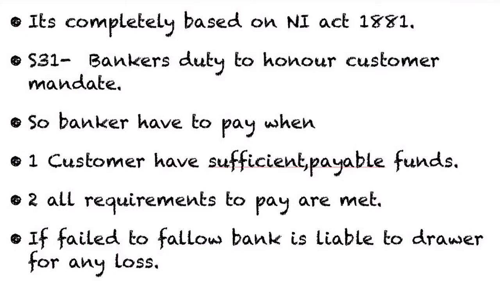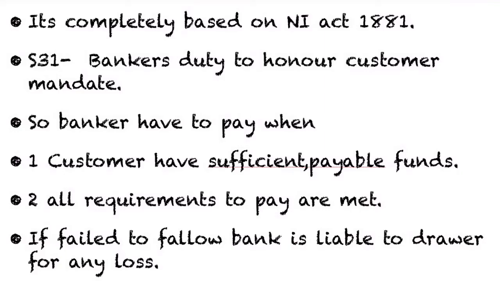First of all, Section 31 of the NI Act says bankers have a duty to honor the customer's mandate. That means they have to pay according to the mandate of the customer. So we have to pay the check when the account has sufficient payable funds. What is sufficient? Say, for example, the check is drawn for 1 lakh rupees.